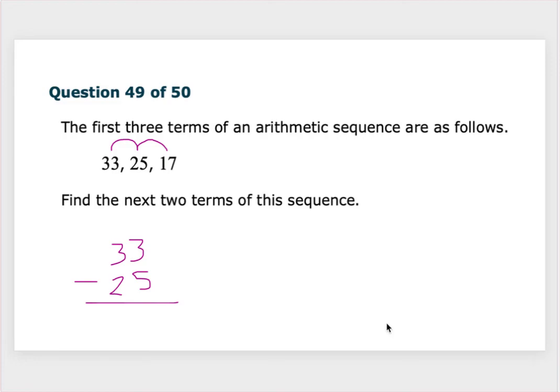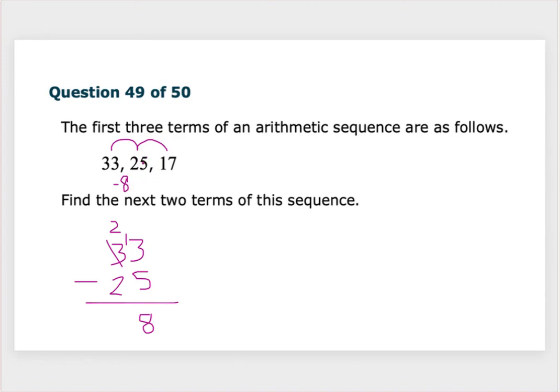Well, I'm glad that I caught myself in that mistake. Okay, 33 take away 25 is not 12. Let's do it out the long way so that we can see that. So we've got 3 take away 5 doesn't work, so we must borrow. 13 take away 5 is 8, and 2 take away 2 cancels. So it's a minus 8 that we're doing.